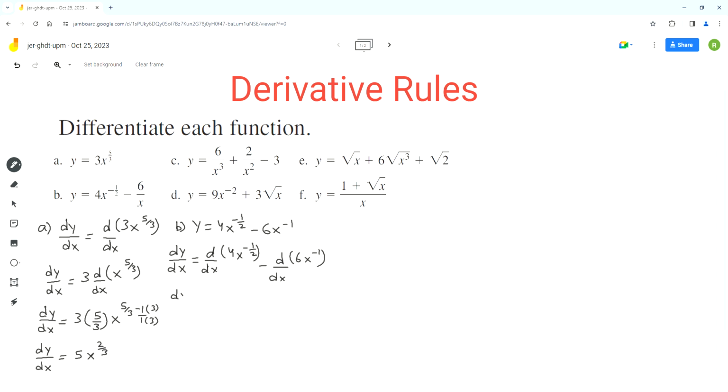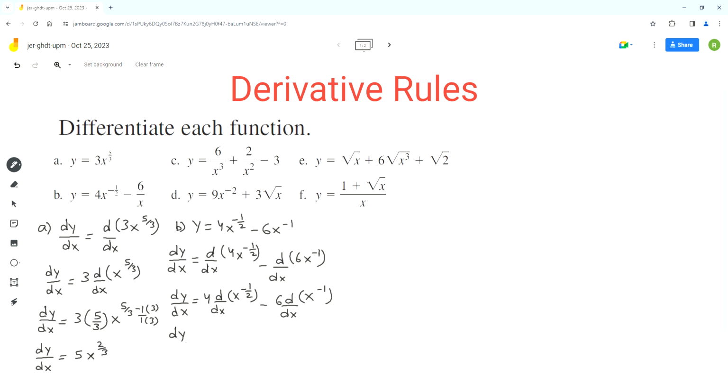Now we can move out the coefficient, which is 4. So we get 4 and then d over dx of x to the power negative half. And now we can move out the coefficient 6 and then x to the power negative 1. Now we can find the derivative.